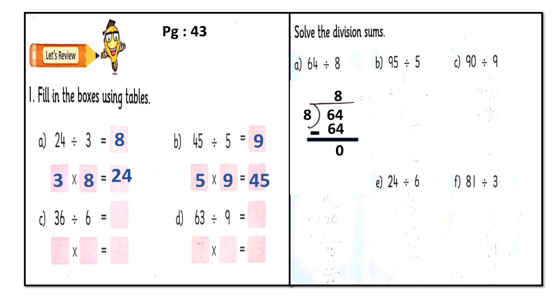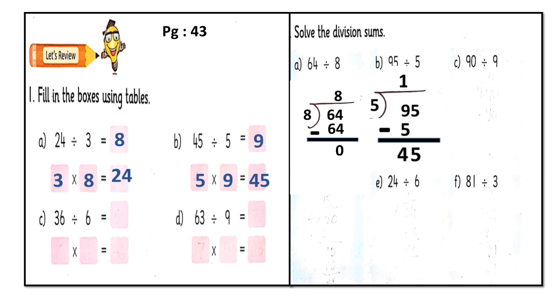95 divided by 5. Okay, if 95 is the bigger number, we can divide it one by one. First we'll divide 9 by 5. It means we have to see how many times we'll multiply 5 to get the number 9. Yes, 1 time. 5 ones are 5. 9 minus 5, 4, and the 5 which we have left we'll write with number 4.